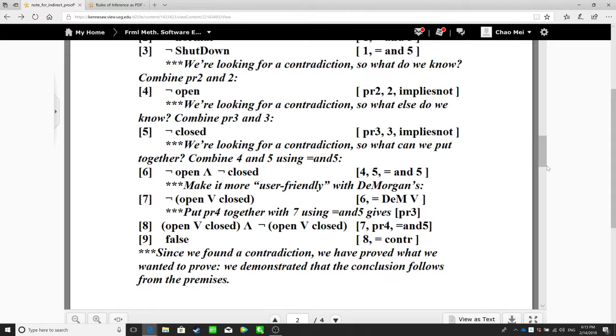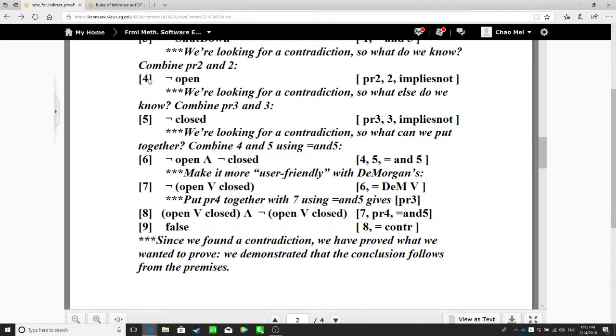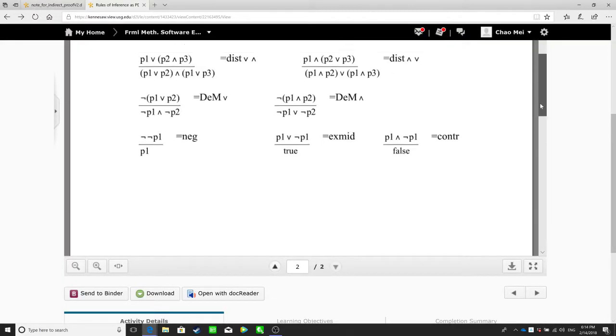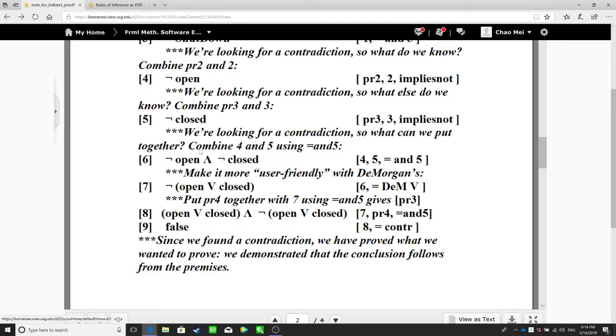And now we know negation open and negation closed, right? Because they are all true, number 5 and number 4. Also, we apply this rule and 5. So and 5 basically, both conditions become and.